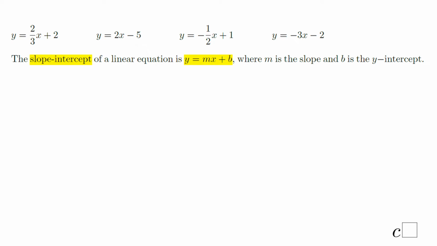In this lesson we will look at what is called the slope-intercept form of a linear equation, which you see right here. Notice I have four examples of linear equations. All of them are in the form y equals mx plus b, the slope-intercept form, where m, the number next to the variable, is the slope, and b, the number that has no x, is the y-intercept.